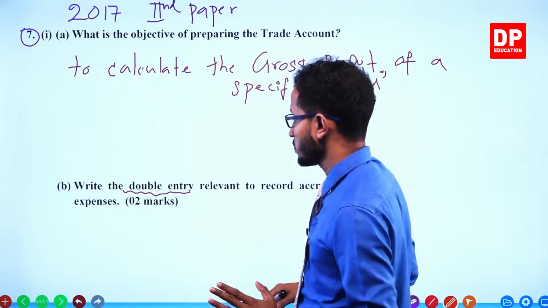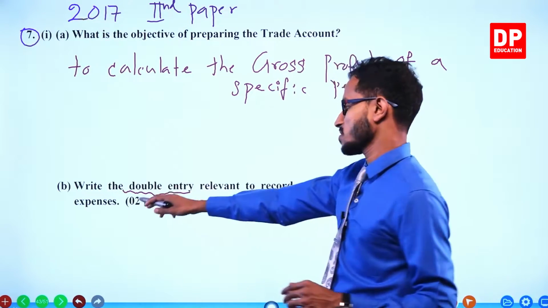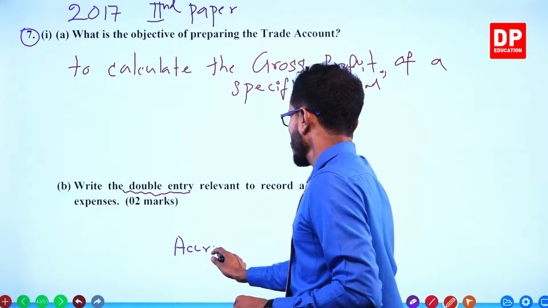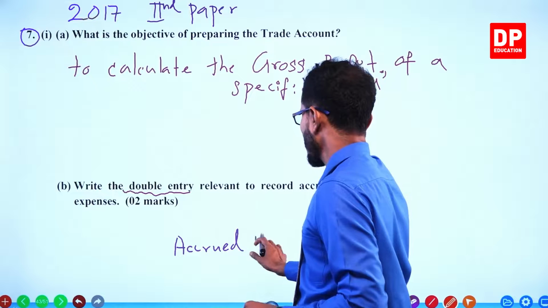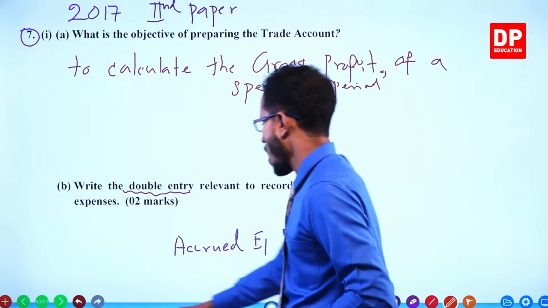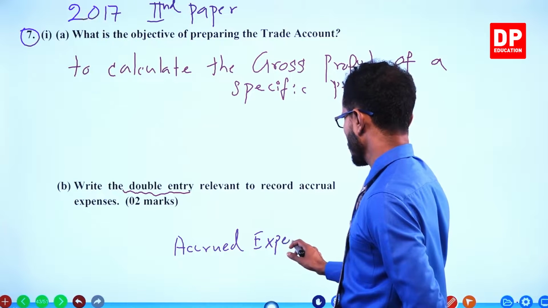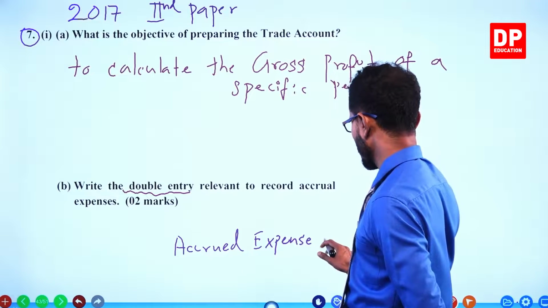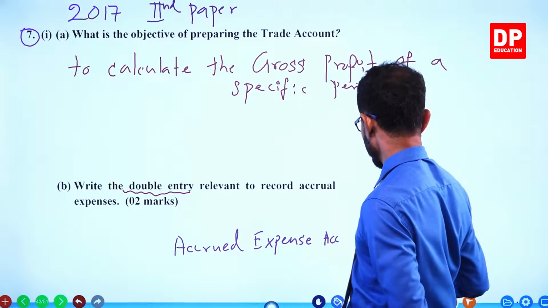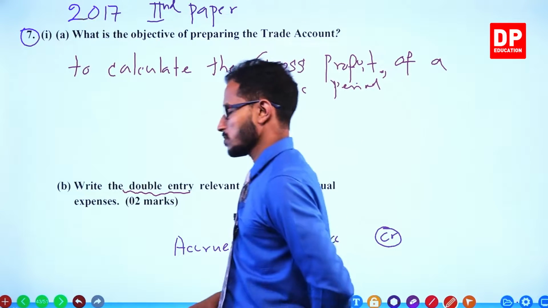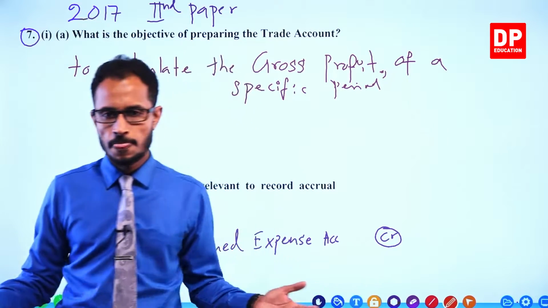Then accrued expenses are liabilities. So accrued expense account should be credited. They're asking us to write the double entry now.